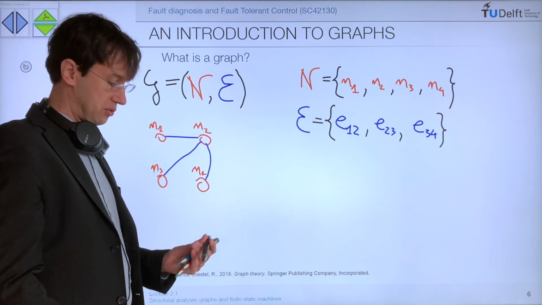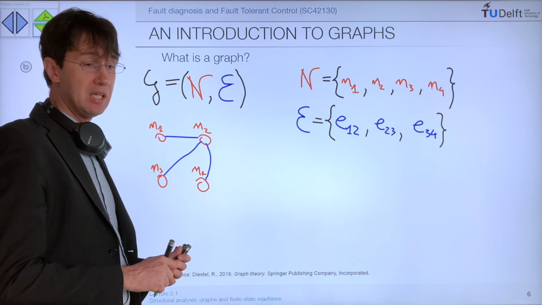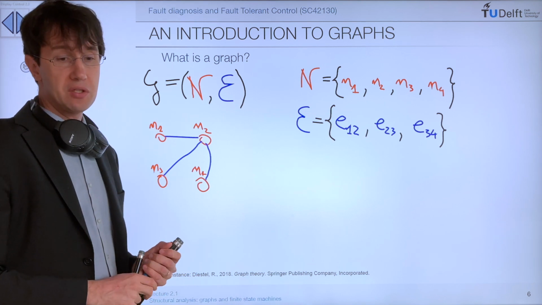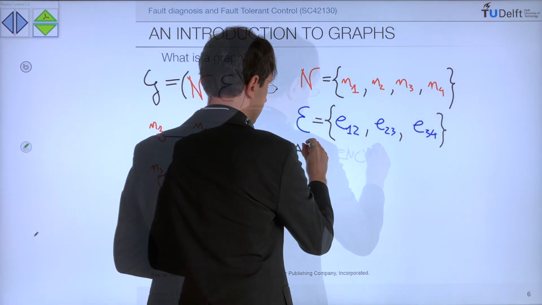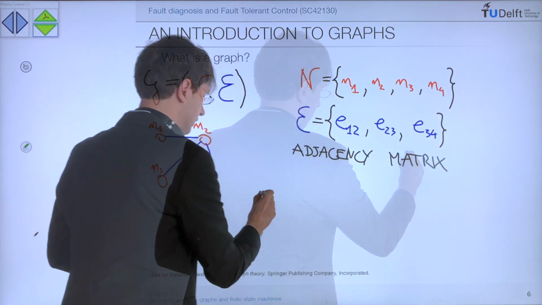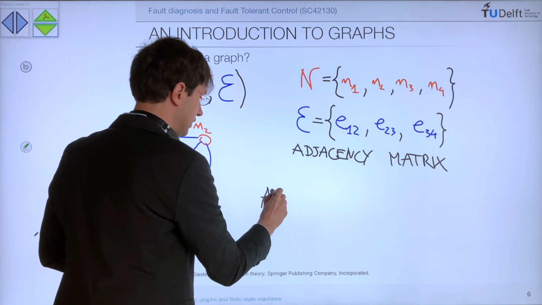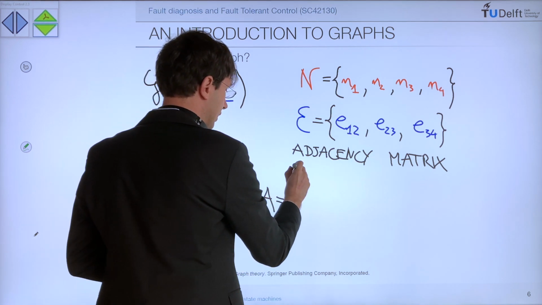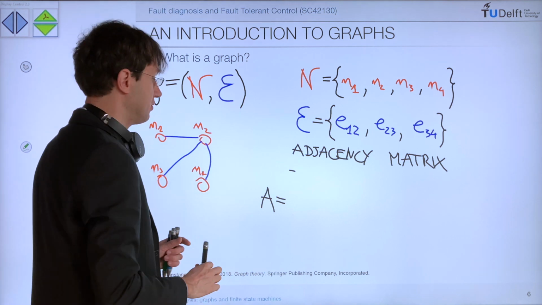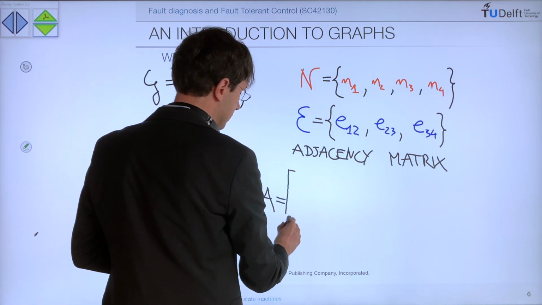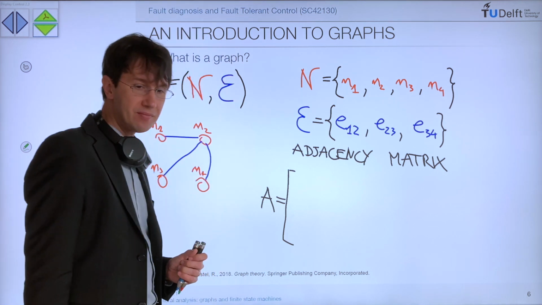We can also introduce another way to define the graph, which is through what is called the adjacency matrix. It is a matrix that we denote with an A. It has as many rows and columns as the number of nodes, so in this case, 4 rows and 4 columns.